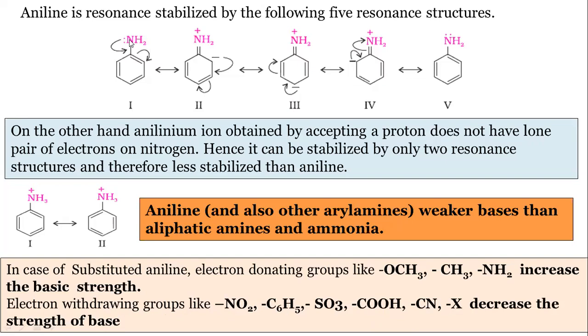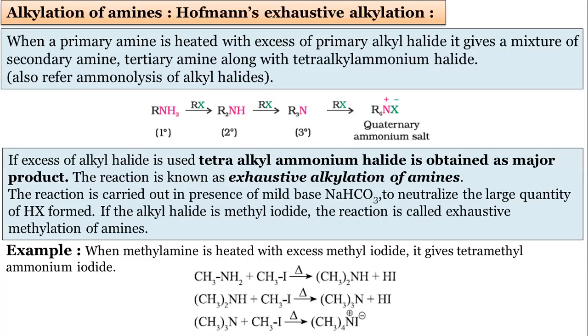So the nitrogen lone pair is also involved, and NO2, C6H5 will again withdraw the electrons, so this lone pair will not be available for protonation. So this is a very important part I explained today because this is very, very important for the CET exam. Basicity, which is a strong base and which is a weak base.